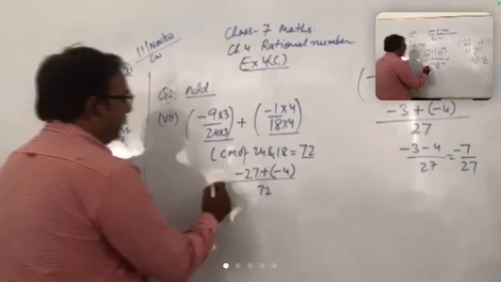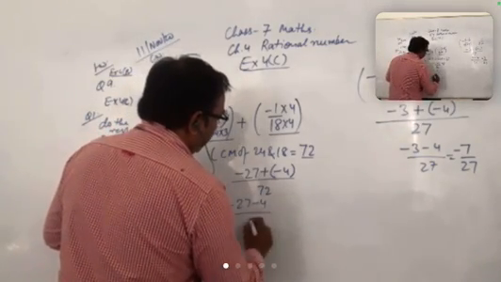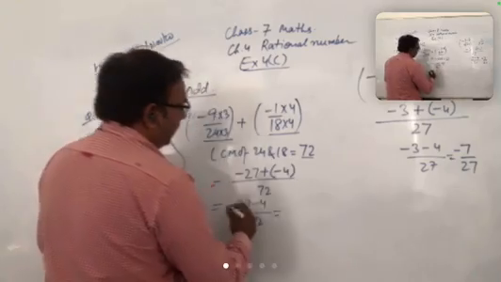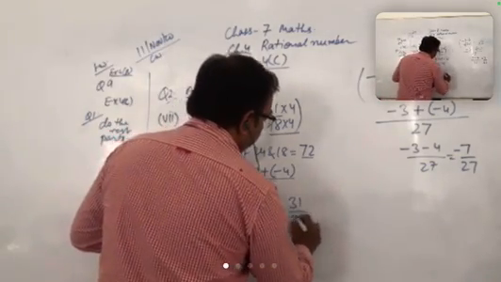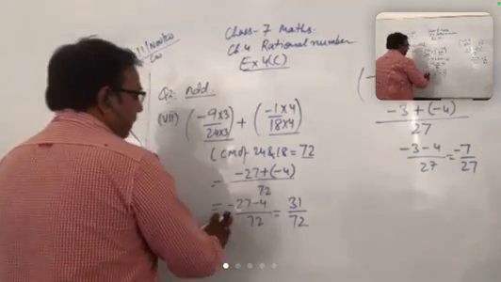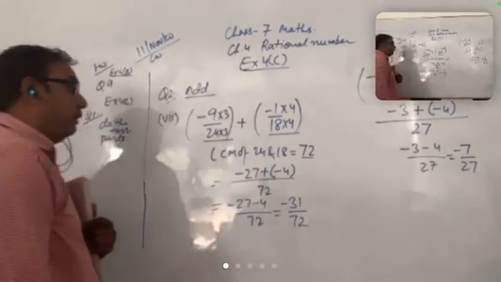So, if we remove the bracket, this is minus 27 minus 4 upon 72. So, minus minus is plus, so it will be 31 upon 72. Now, check the sign for the bigger number. It will be minus 31 upon 72.